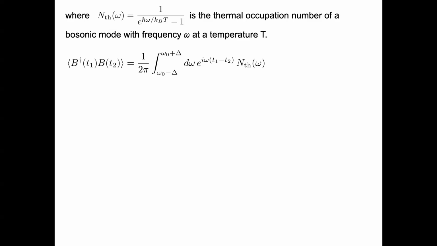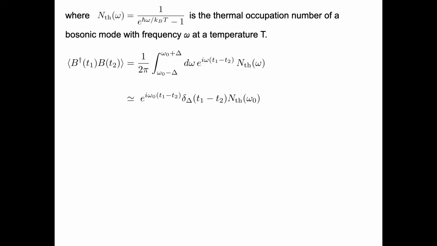Think about again this optical case. Omega 0 is 10 to the 15, and this bandwidth can be 10 to the 12. So it's essentially all the same frequency. This is like when we assumed that a coupling constant doesn't vary a lot with the frequency. We can assume here that the thermal occupation number is approximately the same and essentially equal to n thermal of omega 0.